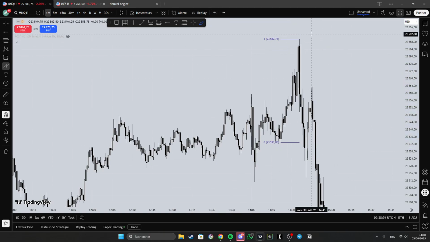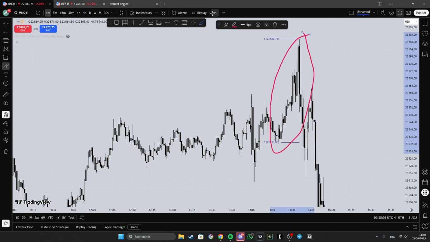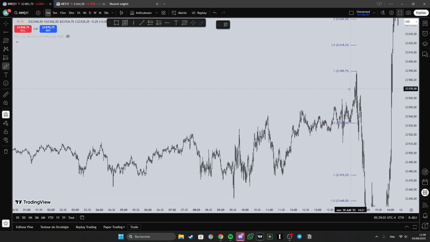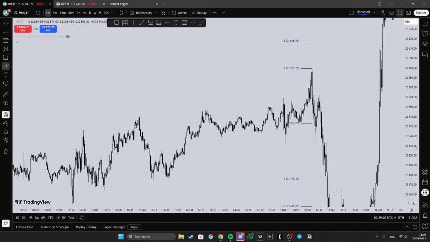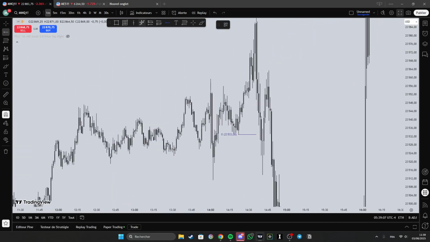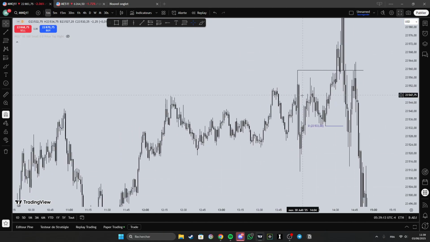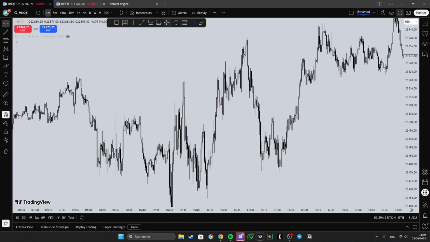And as you can see, this is the leg of the manipulation because this leg takes absolutely every liquidity here. Okay, we also take, which is important, the 2 p.m. high, which is an important high, as well as the 10 a.m. high.